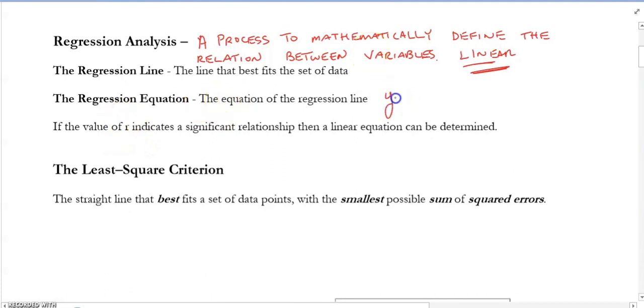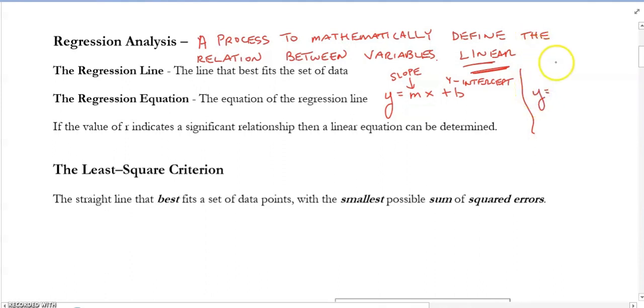Now, if you remember back to your algebra days, we used y is equal to mx plus b, where m is your slope and b is your y-intercept. Now, in our calculator, I'm going to let the cat out of the bag.